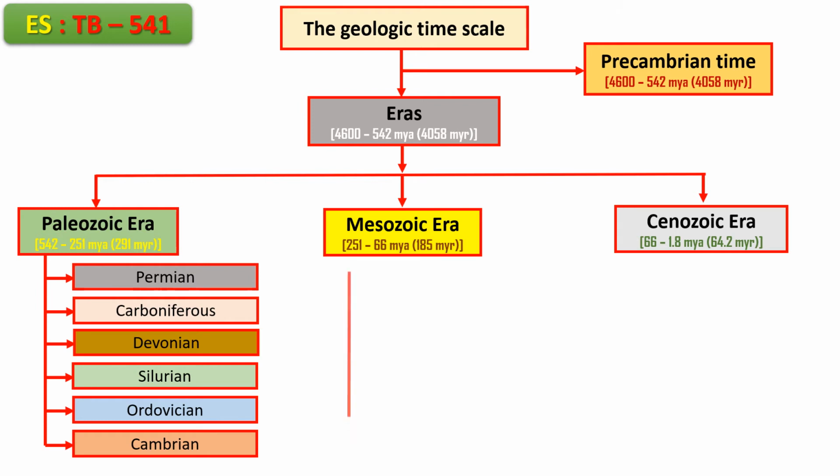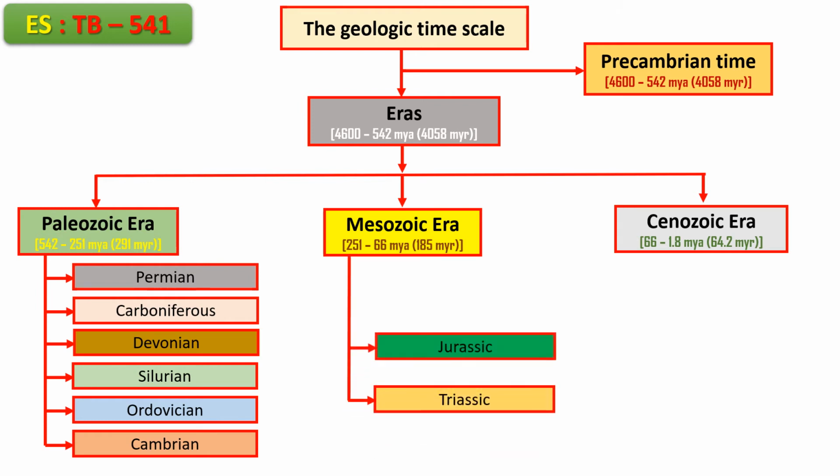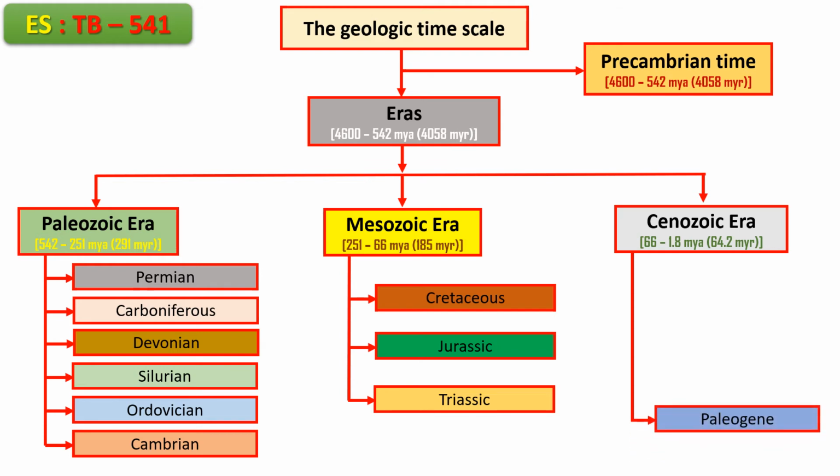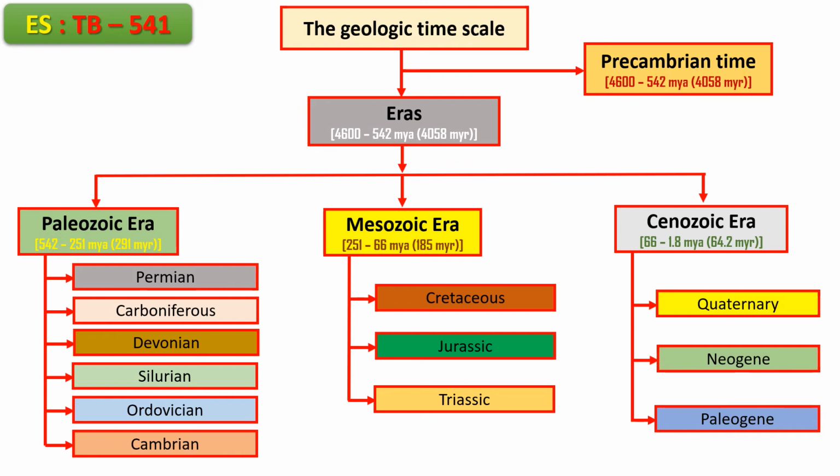Mesozoic era starts with Triassic period, Jurassic period, and Cretaceous period. Cenozoic era is divided into three periods: Paleogene, Neogene, Quaternary. These are the main divisions of the periods.